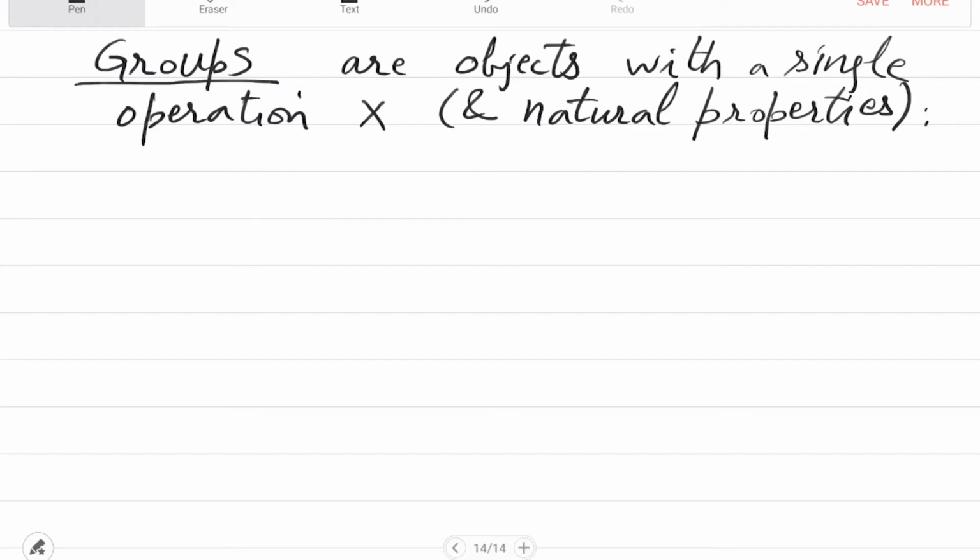Basically your set should be closed under multiplication, so any two elements you can multiply and get an element within the set. There should be the identity element, which is 1 in this case, and there should be inverses.